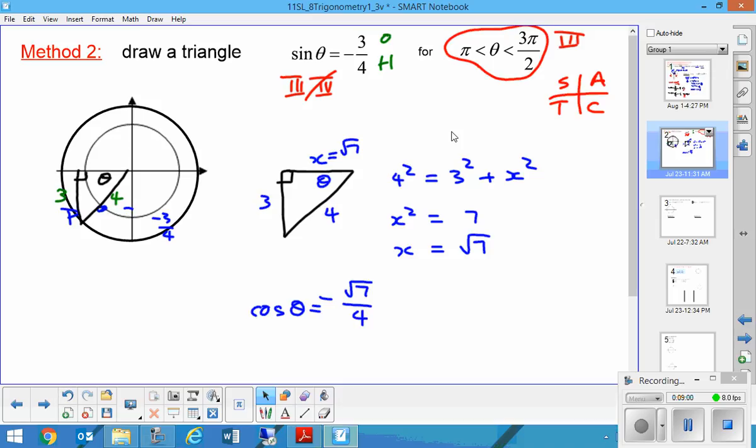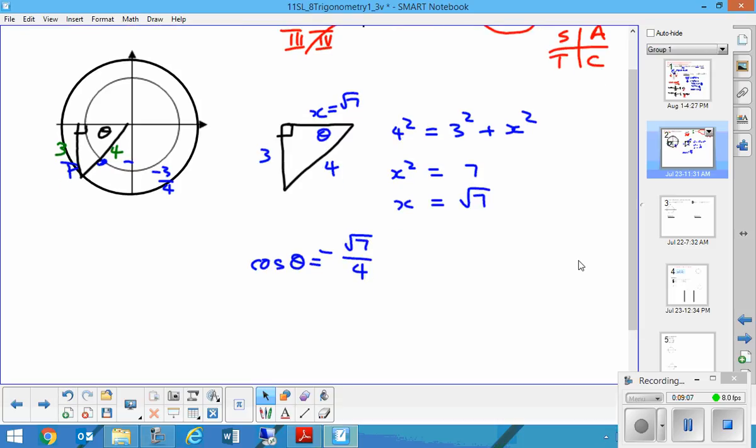Tan, is that going to be positive or negative? In the 3rd quadrant, it's positive because the slope of that line joining the origin to P has a positive slope. So our tan theta is opposite over adjacent, so it's 3 over root 7, and it's positive.